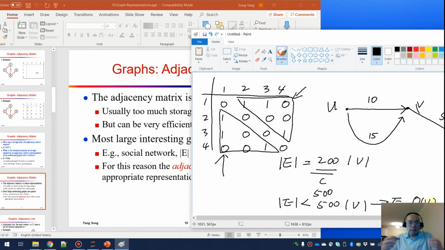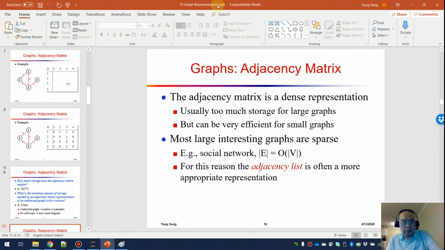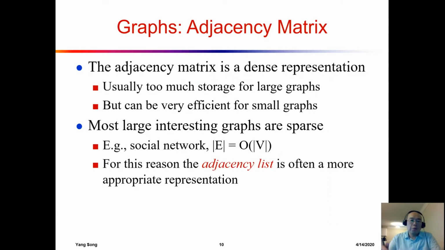So in this case, we probably don't really need to use a super sparse n by n matrix. The next choice we want to talk about will be the adjacency list. We use the adjacency list to store a large graph when we know the graph is sparse. Okay, so I'm going to continue in the next video.